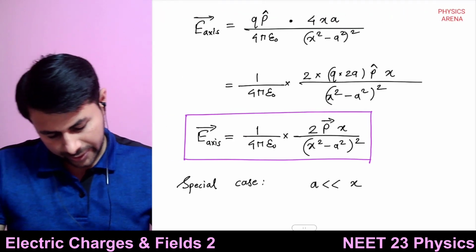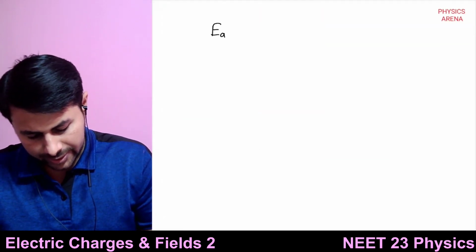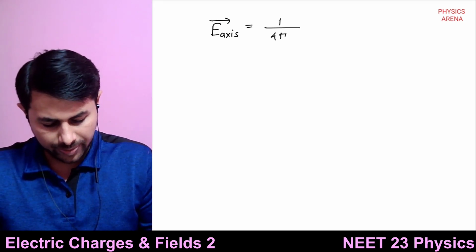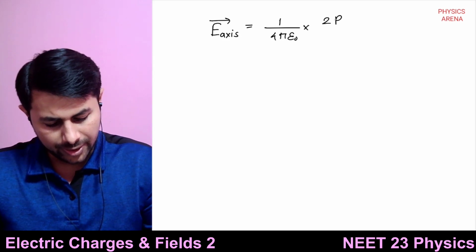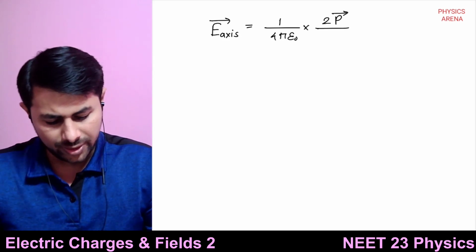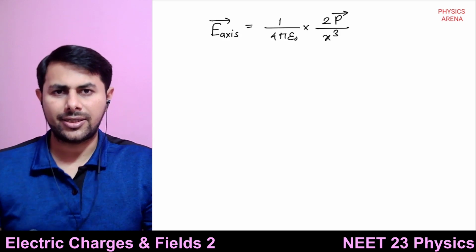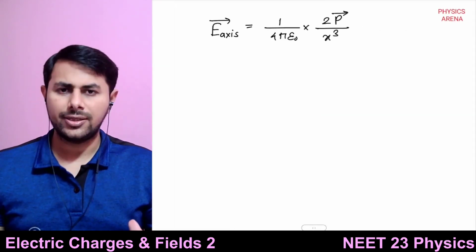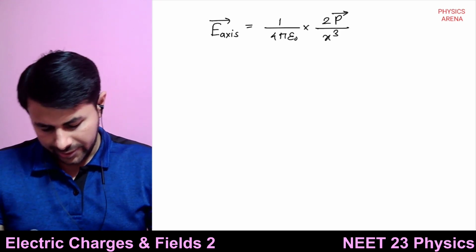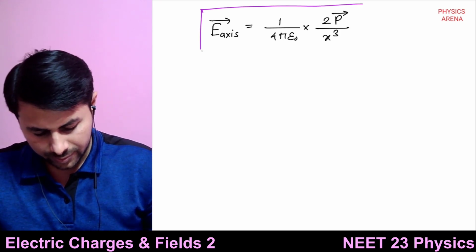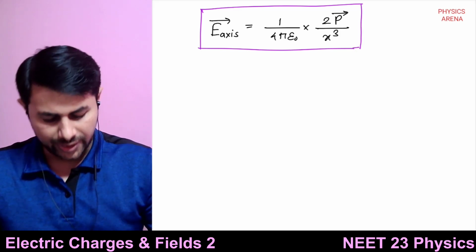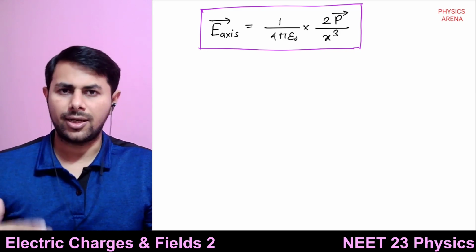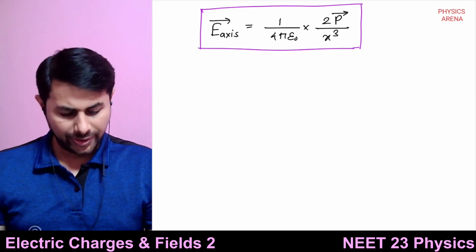So E axis is equal to 1 upon 4 pi epsilon naught multiplied by 2p bar divided by x raised to 3. Okay, so this is what is left. And here we can see that electric field due to axis is along the electric dipole moment.